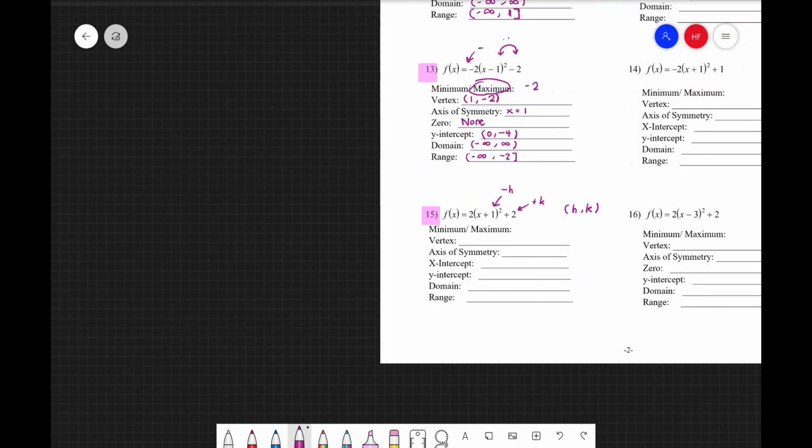Since this is minus h, then I have minus -1, so my vertex opposite is -1. And then my k, I take as it is, so it's positive 2. That is my vertex.